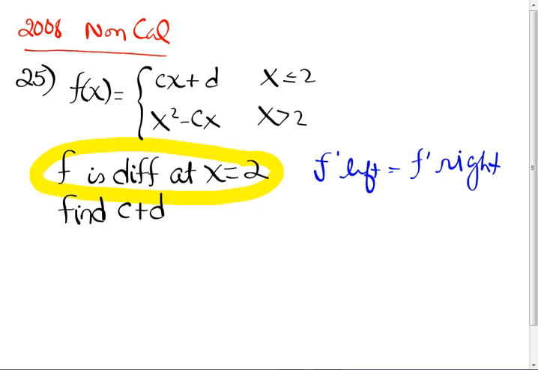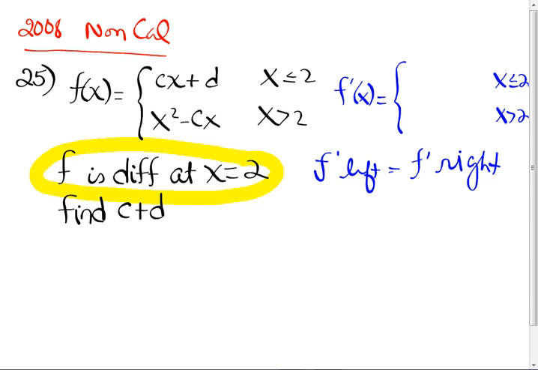Okay, now this is multiple choice, so we wouldn't have to be too particular about how we showed our work here. I'm going to do it correctly, but here's f prime of x. This is a piecewise function, x less than or equal to 2 and x greater than 2. So if the derivative from the left equals the derivative from the right, what is the derivative from the left?